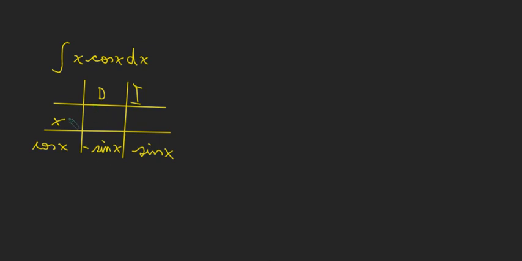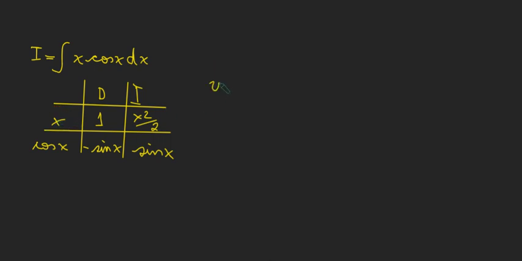When we do the same analysis for the x, the derivative is 1 and the integral is x squared divided by 2. So it doesn't matter what we do with the trigonometric expression here. What will make the expression more complicated or simpler is the choice that we make for the expression x.